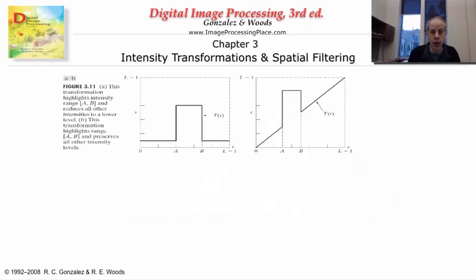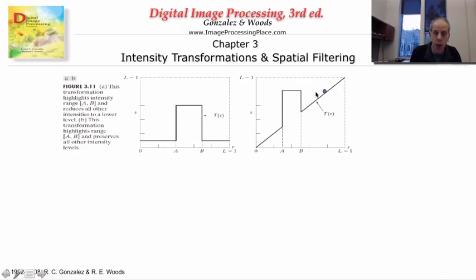A couple of additional examples. Here we have, it's kind of a threshold, but in the mid-range. So basically we say, okay, everybody that goes from 0 to A, I want it to be very low. Everybody that is above B, I want it to be very low. And everybody in between, I want it to be very high. And this is another example. Basically, everybody between 0 and A, don't touch.